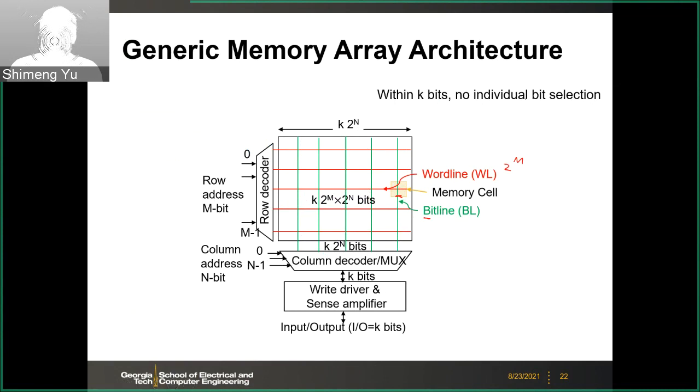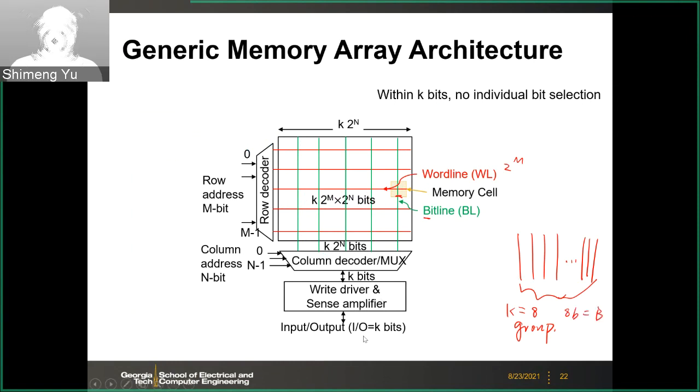here we don't have the bit selection. So let's put it this way. From the column side, for example, you can have 4 if k equals, let's say, 8. This is one group, because 8 bits is 1 byte.